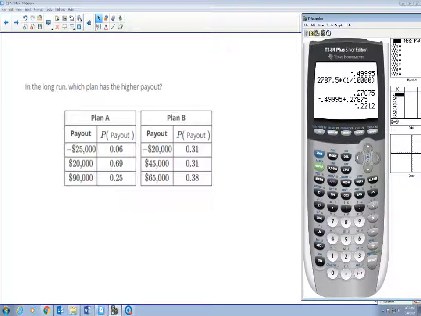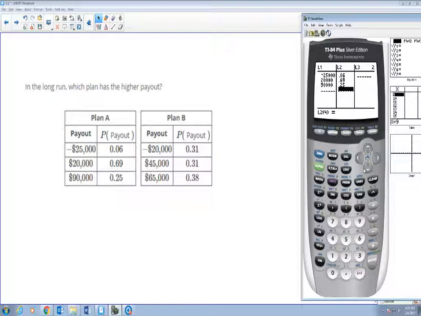So what we can do is go back to stats, under edit. Let me clear this out. Type in my payout under L1: negative 25,000, positive 20,000, and 90,000. Then in L2, type in the probability: 0.06, 0.69, 0.25.